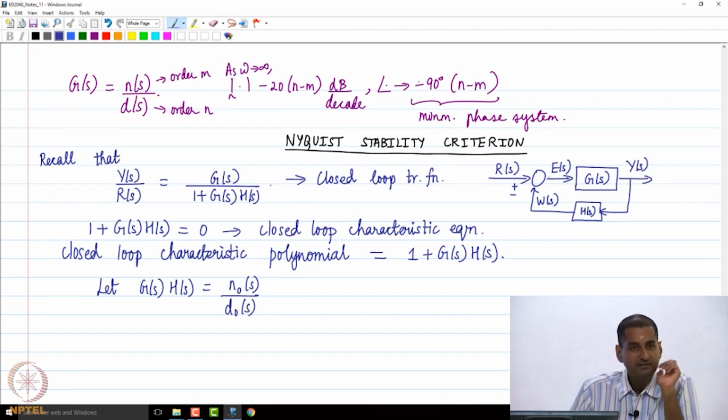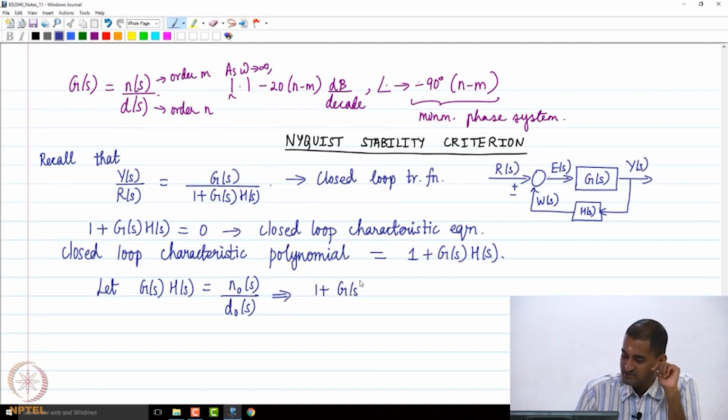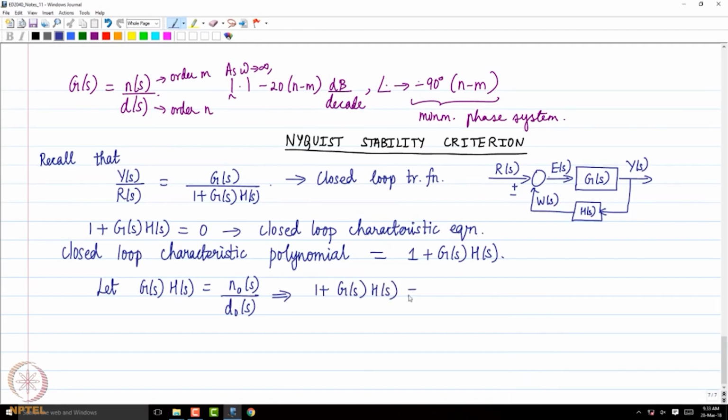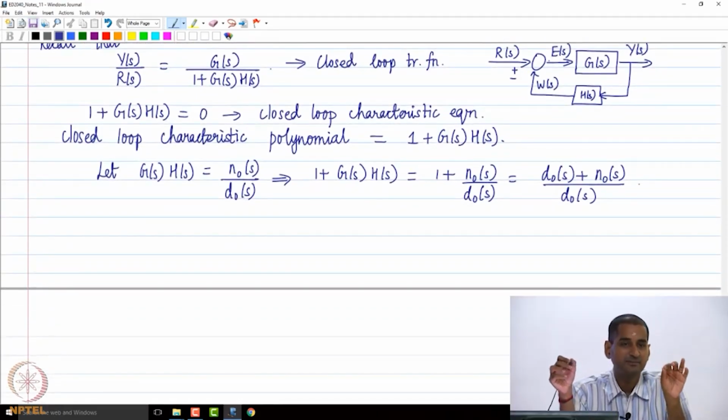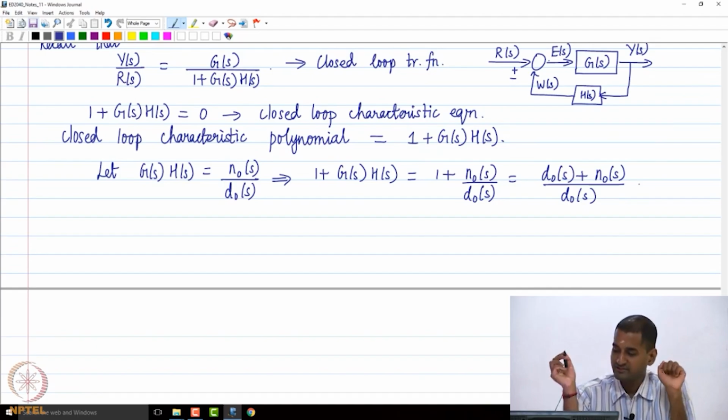So, this implies that 1 plus g of s h of s is equal to 1 plus NO of s divided by DO of s, which is nothing but DO of s plus NO of s divided by DO of s. We will see why I am doing all these things, because I want to set some terminology in order before we go further.